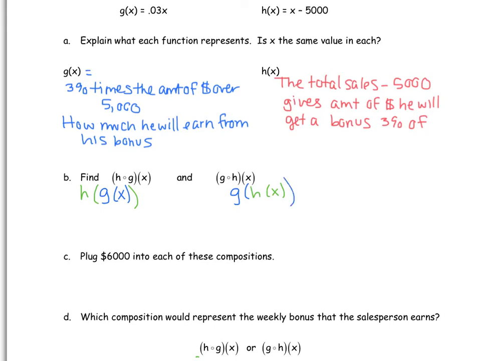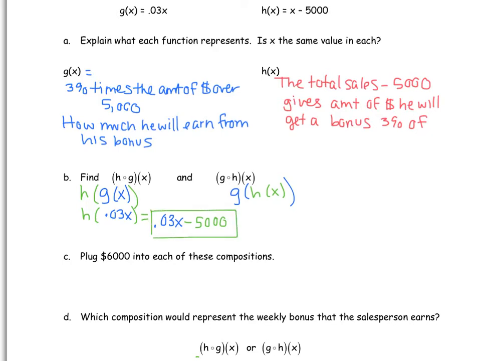Alright, so let's start with h of g of x. g of x again is 0.03x. And then if we plug that in for x into the h function, we're looking at 0.03x minus 5,000.